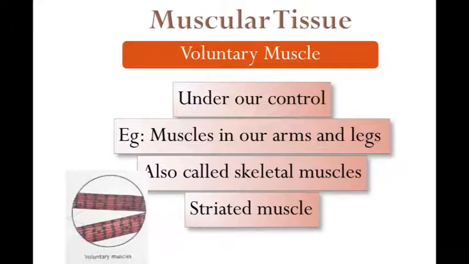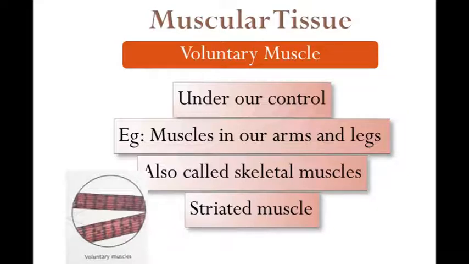These muscles are also called skeletal muscles, as they are attached to the bones. These muscles help in the movement of bones. The cells of these muscles are large or long and cylindrical with many nuclei and dark and light bands called striations. Hence, they are also called striated muscles.